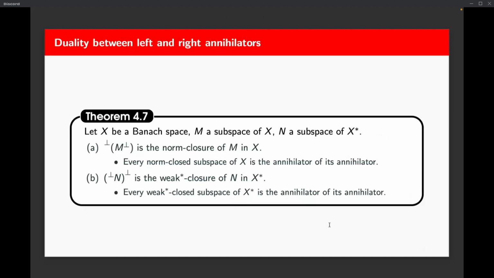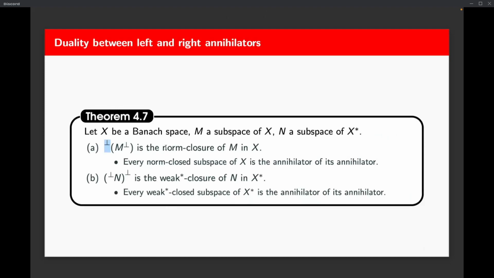Okay, and then this theorem tells us a little bit about the interplay between the right and left sides. If we start with a subspace of X and we look at its right annihilator, that's the set of all the dual space elements that annihilate M. Then we get a set of dual space elements, so we can talk about the left perp of that guy.